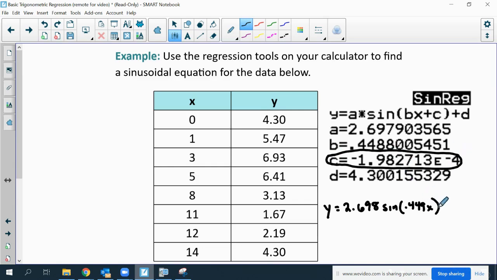We're going to leave it like this since there is no horizontal shift here, and then plus 4.300, which again makes sense because that appears to be the vertical shift of my sine graph. So that would be what it would look like.